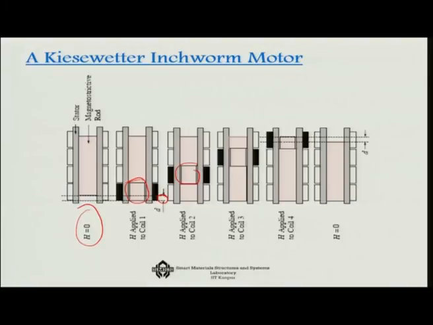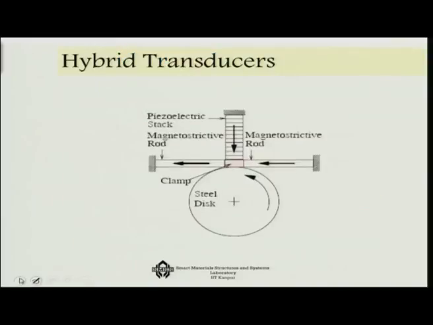By applying it repetitively at different levels, we shift the position so that you make some kind of inchworm movement in the system, by repeated application of magnetic field to a series of magnetostrictive materials. It is a very innovative concept.